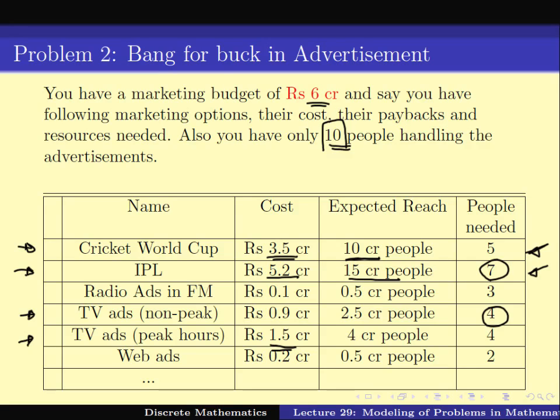So the goal at the end is to maximize the expected number of people you are reaching under the condition that you spend less than 6 crore and the total number of people required is less than what you have, 10. So again, this is a typical optimization problem, where you are trying to optimize the profit, or here in this case expected reach, under certain conditions, which here are the upper bound of the budget and the number of people being used.